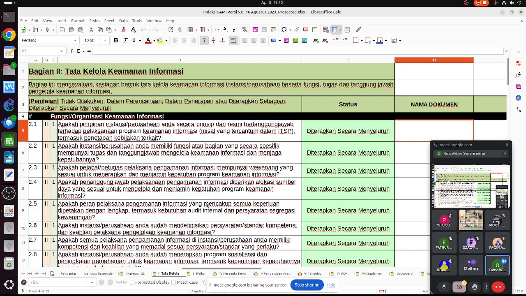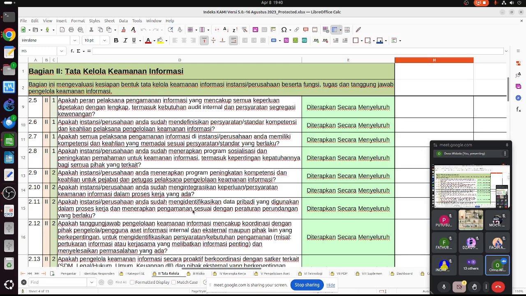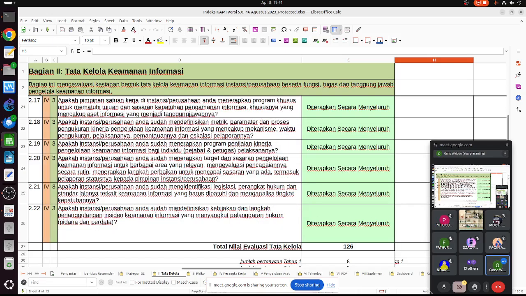You can read the questions, and then you will know whether our organization is good enough or we need to improve on some aspect. This is not for ISO 27000 per se, but it's for our own good, basically. It's a good roadmap if we want to make sure our system is running.